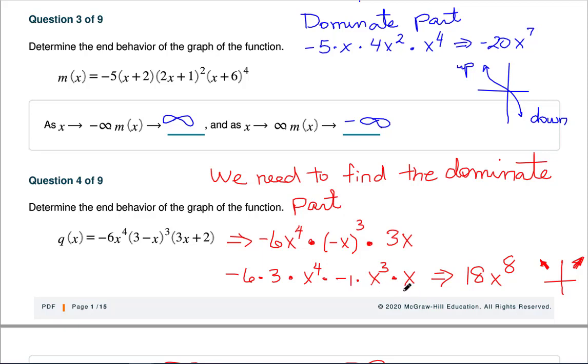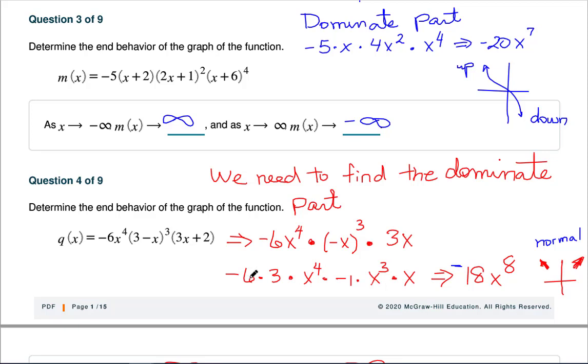Alright, so when everything settles, I have a minus 18 x to the 8th. So normally on x to the 8th, both sides would be up.